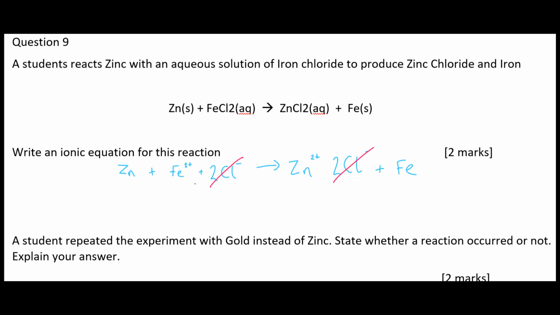So all we do now to write our ionic equation is we write the whole thing out, but just missing out the chloride ions. So the ionic equation becomes Zn plus Fe2+ to make Zn2+ plus Fe.